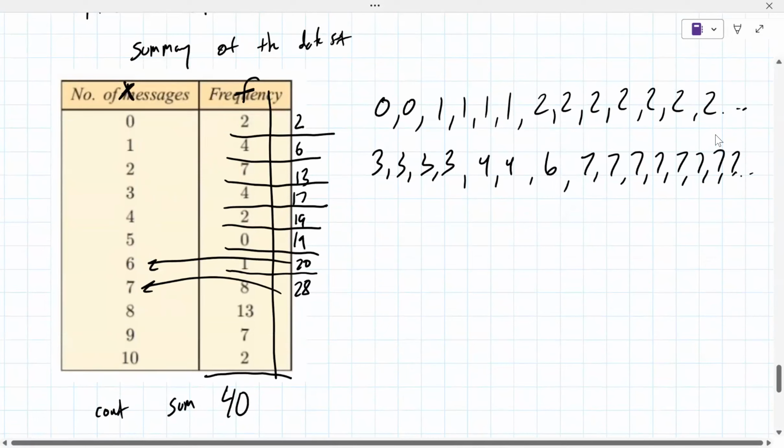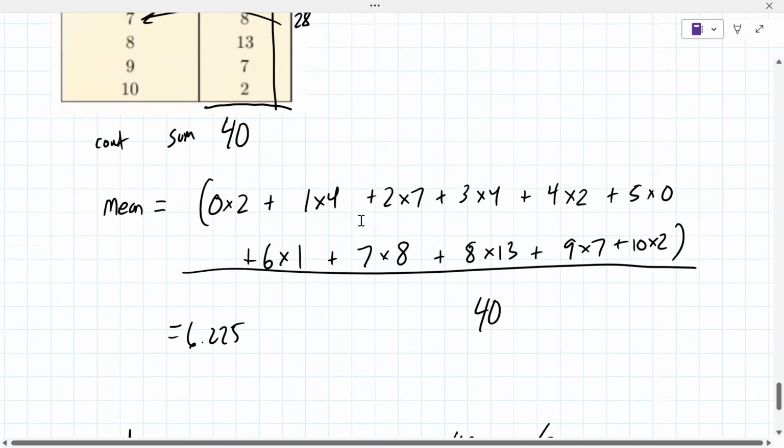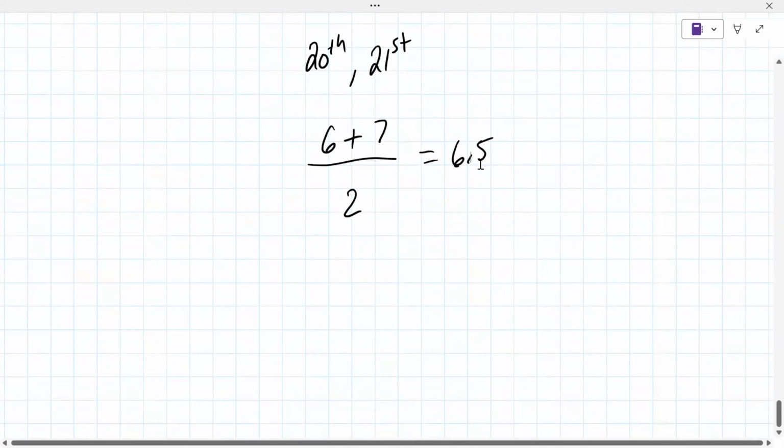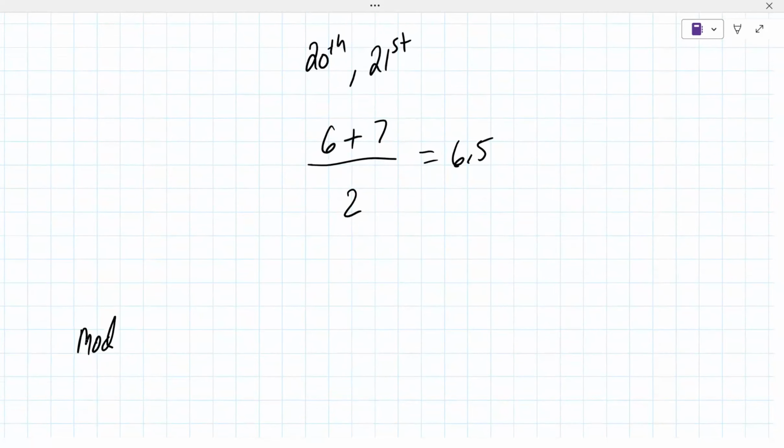But if you don't fully understand, then you're left to do this. The way the teacher gets around this is they make huge frequencies and say you don't have enough time. You probably could write out the 40 numbers and be okay, but I'll choose not to do that one. That would be a lot of writing.